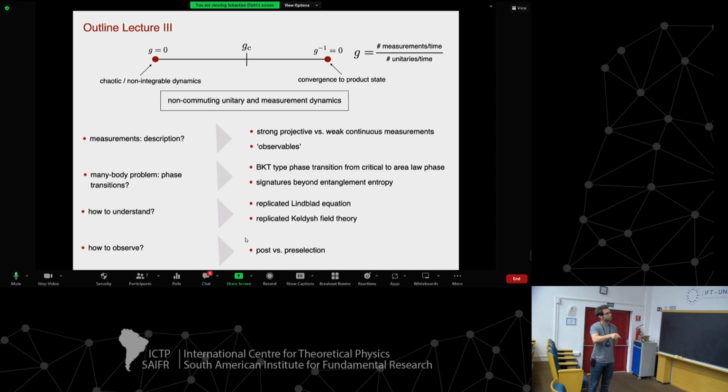Then I will focus on a very specific model, namely monitored fermions in one dimension, describe the phase transitions from a phenomenological point of view, and then we'll go into the theoretical description in terms of a field theory which builds on, as I already said, replicating the state over and over again to assess the relevant observables that we developed before. And then if time permits, but no pressure, I can also explain an idea how to make these transitions visible in future experiments.